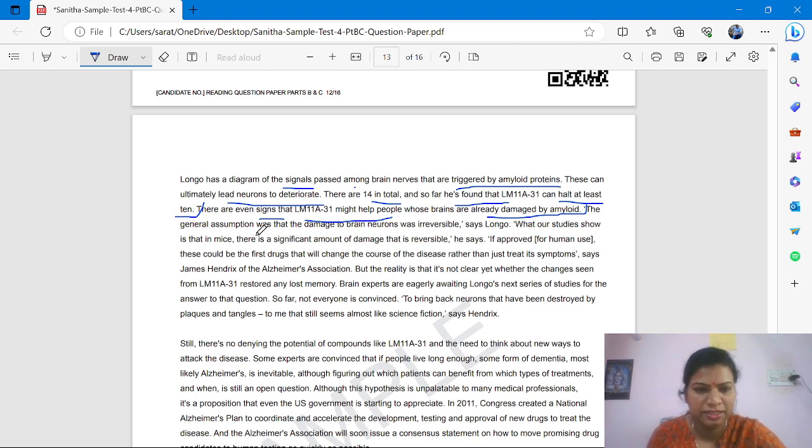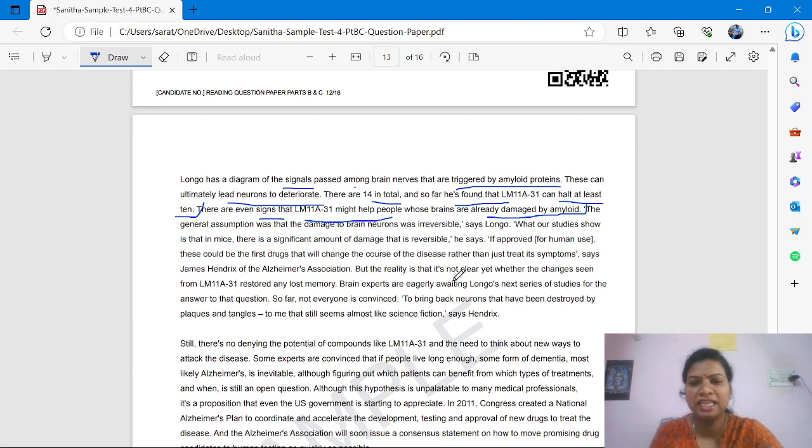The general assumption was that the damage to brain neurons was irreversible, says Longo. But what our studies show in mice is that there is a significant amount of damage that is reversible. He says that if approved for human use, these could be the first drugs that will change the course of the disease rather than just treat its symptoms, says James Hendricks of the Alzheimer's Association.